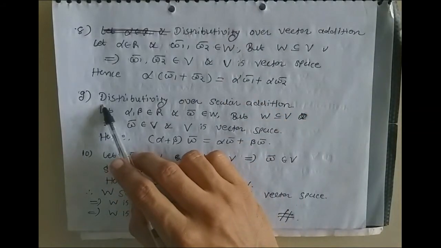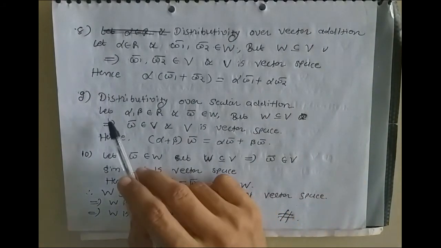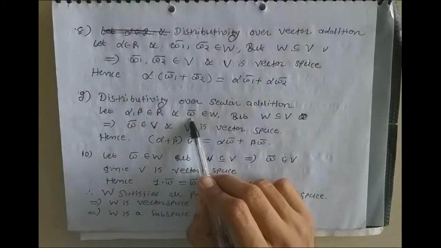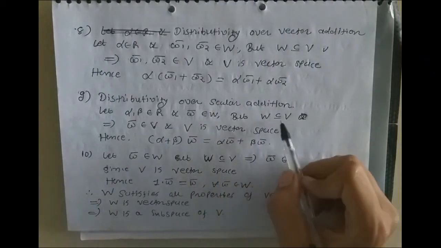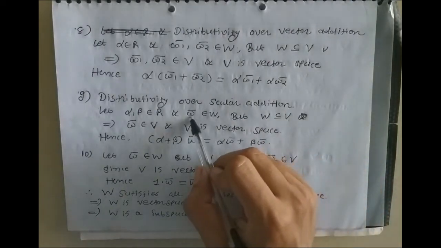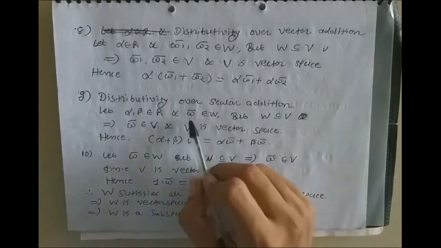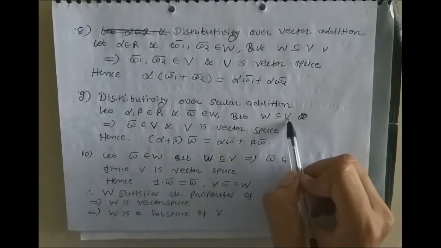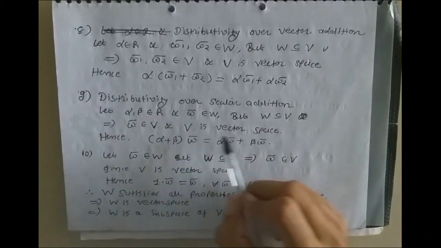Similarly, we can prove distributivity over scalar addition. For that, let us consider two elements alpha, beta belongs to R and one vector W bar belongs to W. By similar method, W is a subset of V, V is the vector space. So this vector W bar also belongs to V, because W is a subset of V, so any element from set W is also an element of set V. So W bar belongs to set V, and V is a vector space.